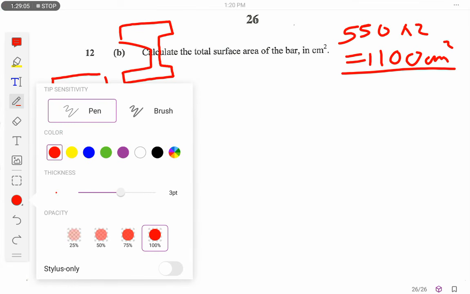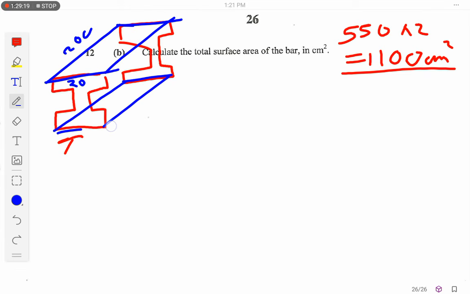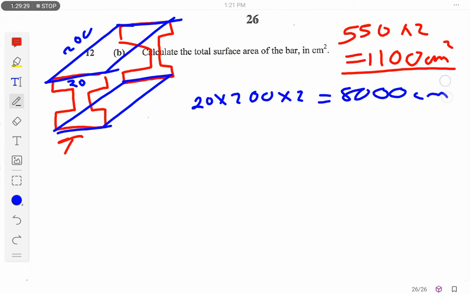Then we have the top part, which is 20 by 200, and we have 2, one at the top, one at the bottom. So we have 20 by 200 times 2, and we get 8,000 for that part.